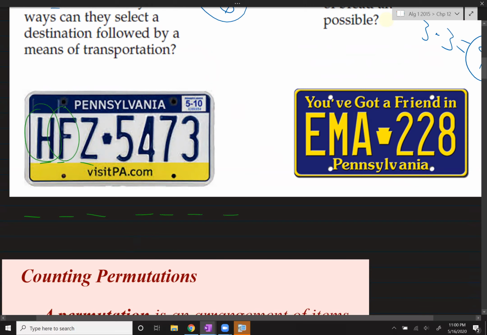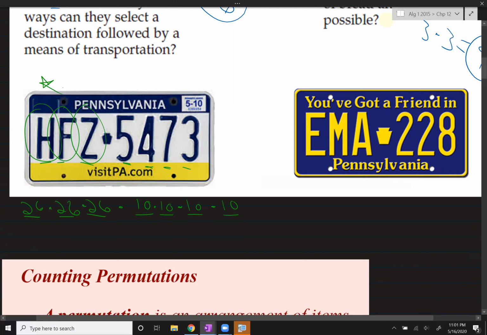If the first 3 items happen to be letters, remember there's 26 letters in the alphabet, and the next 4 are all numbers, that means we're doing 10 times 10 times 10 times 10, right? I'm not saying that I'm going to put 10 in there, because I can't put 10 as 2 digits in that spot. These are the number of choices I have. So this is really taking that idea of multiplying your choices until we get a final answer.